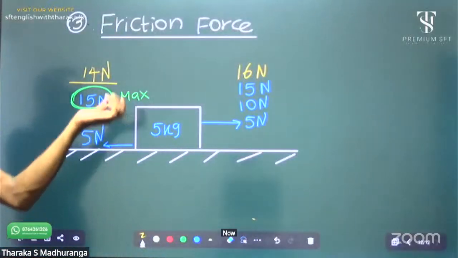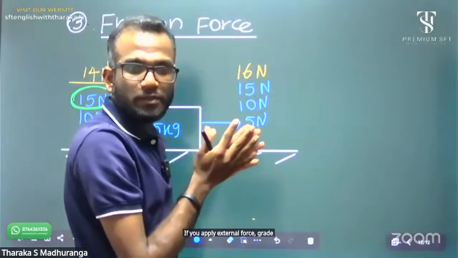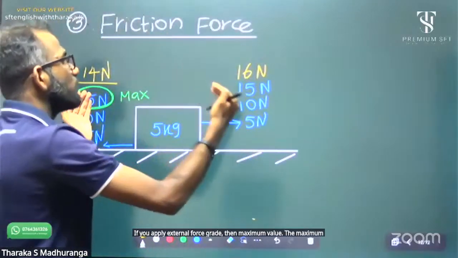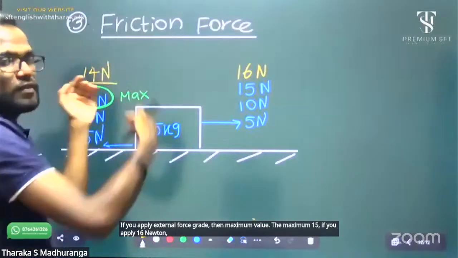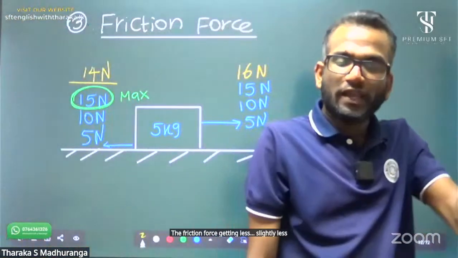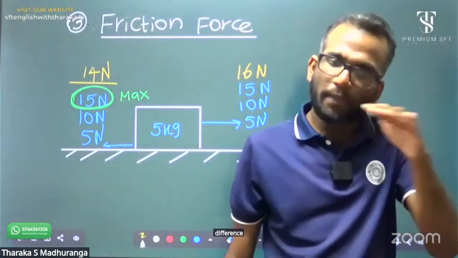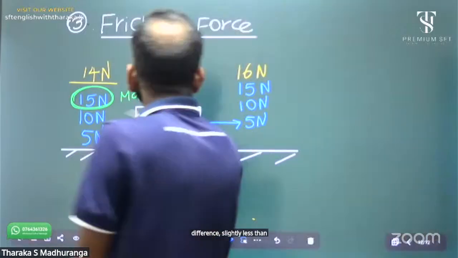Now I told you, if you apply external force greater than the maximum value, the maximum is 15, if you apply 16 Newton, the friction force becomes slightly less than the maximum value, a very small difference. And if I apply 20 Newton, what do you think?